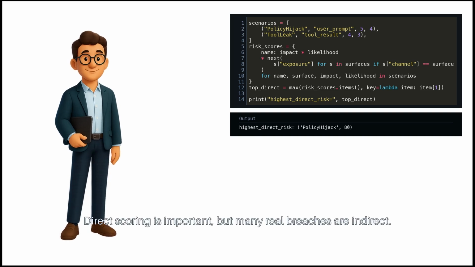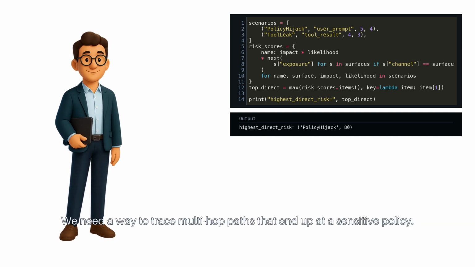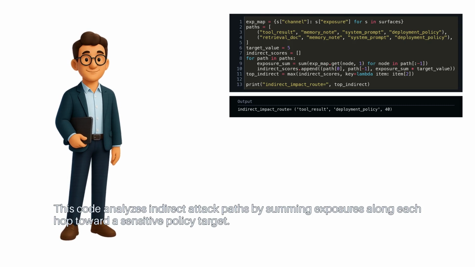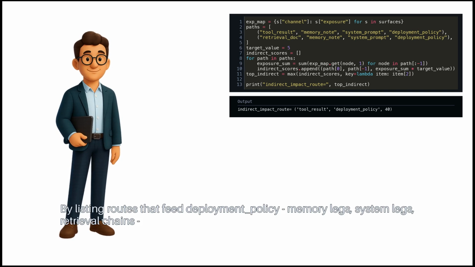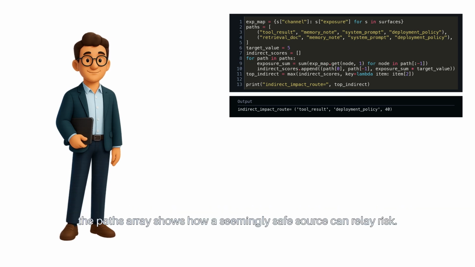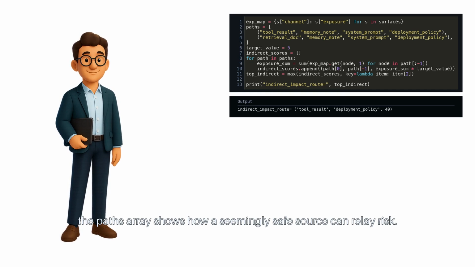Direct scoring is important, but many real breaches are indirect. We need a way to trace multi-hop paths that end up at a sensitive policy. This code analyzes indirect attack paths by summing exposures along each hop toward a sensitive policy target. By listing routes that feed deployment policy, memory legs, system legs, retrieval chains, the paths array shows how a seemingly safe source can relay risk.